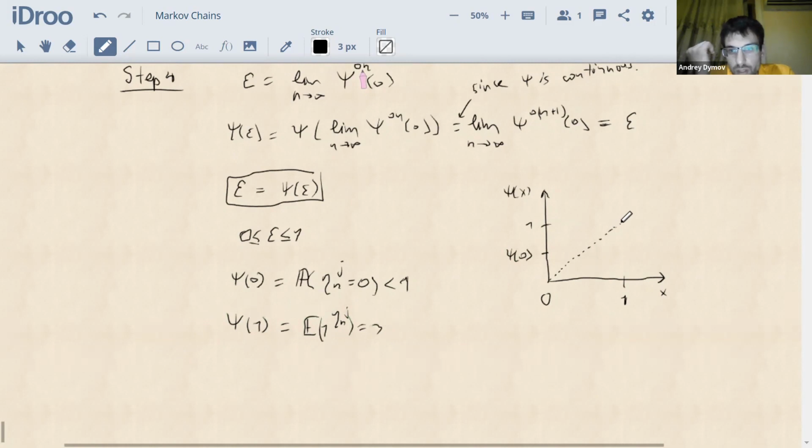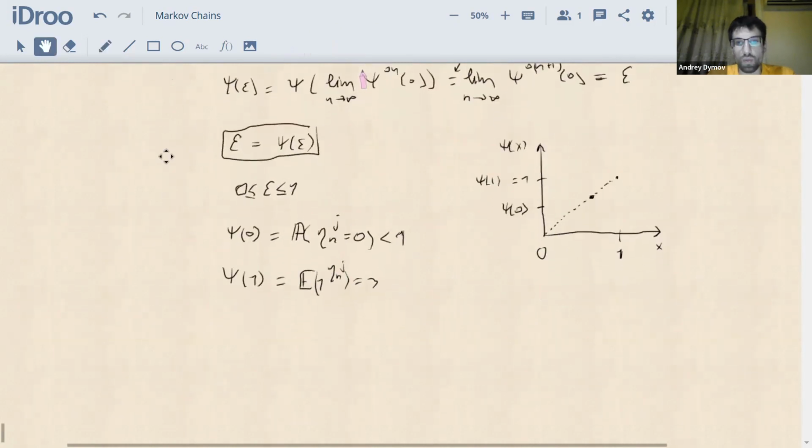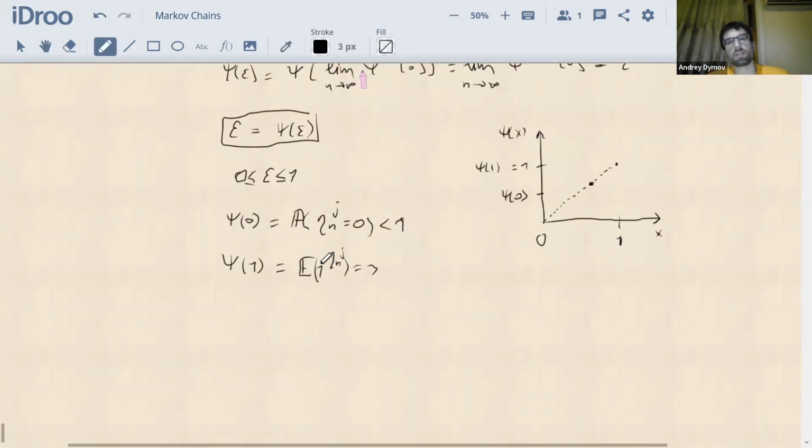So psi of 1 is here. And we are interested in fixed points of the function psi. So these are the intersections with the diagonal.